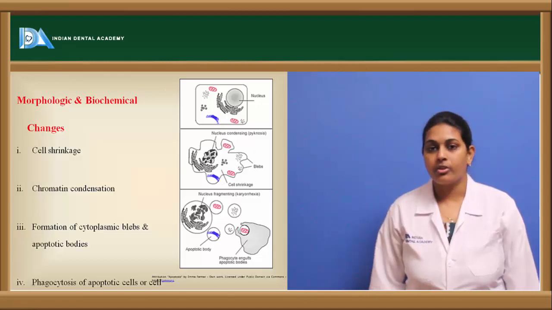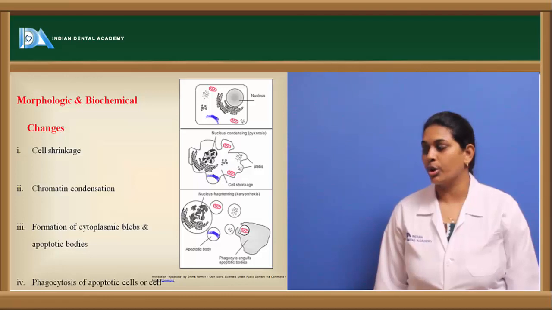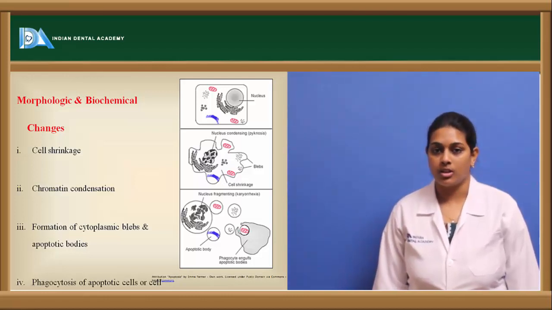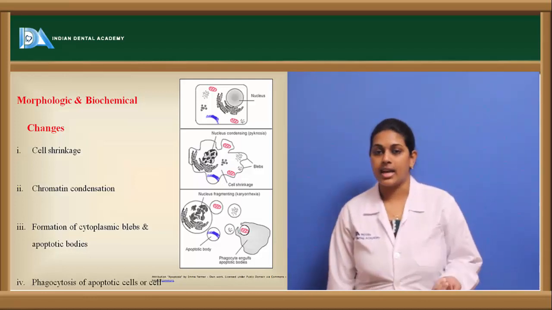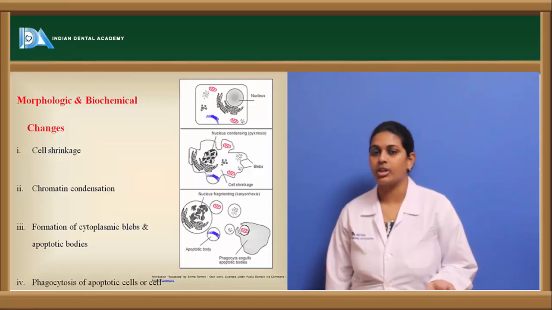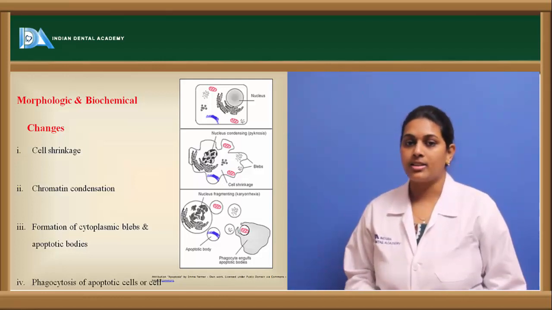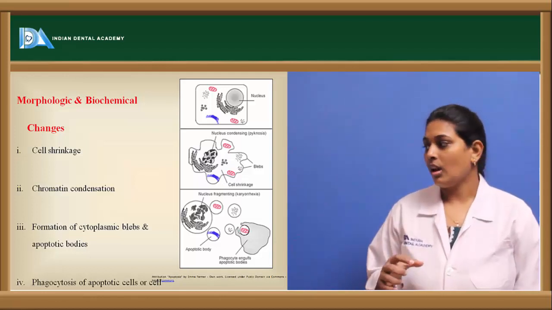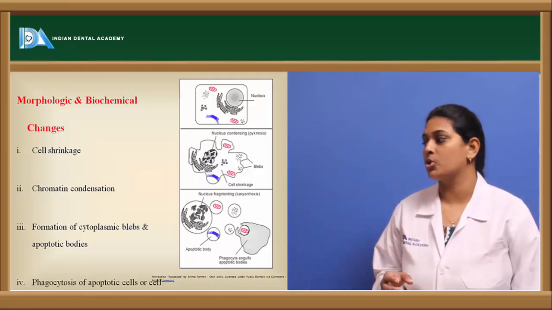Coming to the morphological and biochemical changes in the process of apoptosis, usually we see cell shrinkage, that is, the size of the affected cell decreases, and then comes chromatin condensation. This means the chromatin starts thickening, that is, it condenses in such a form that it forms clumps together.